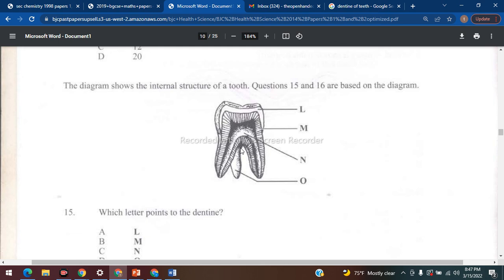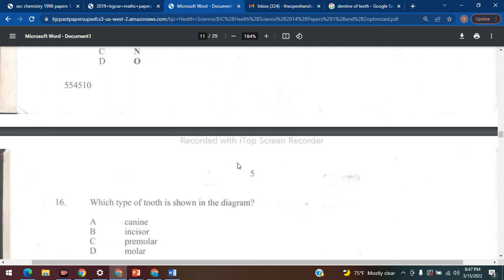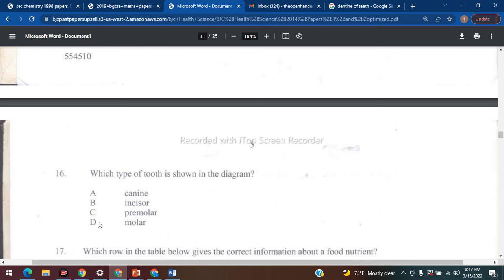No, not really. The crown is on the top. I guess you could call them legs. I just call them projections because they're coming out. They're the roots. So this is the molar.